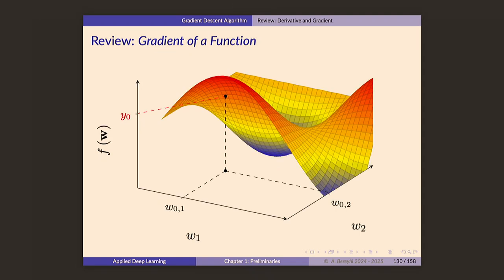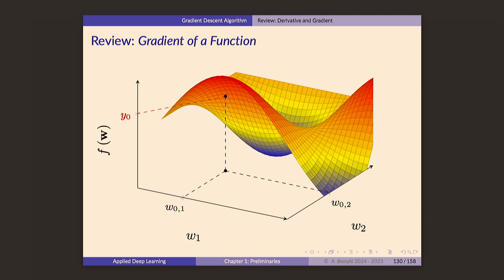Now, if you want to have a bit of visualization, you can look at this diagram. So now, W1 and W2 that I had on the board are now in the plane here. So here is, for instance, W1. This guy is W2. And the value of the function, depending on which point I choose, like here I am at 1, 1, for instance, and then the value of the function is something. I'm showing it on the height axis.